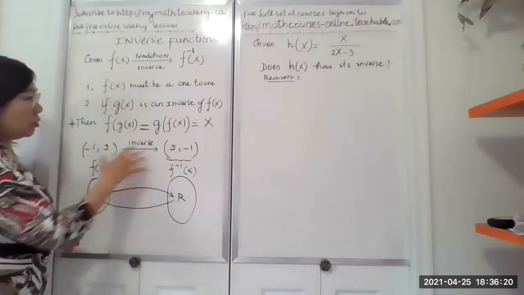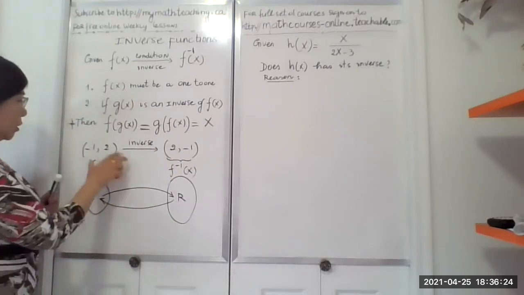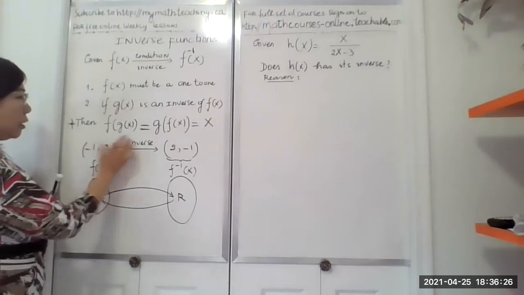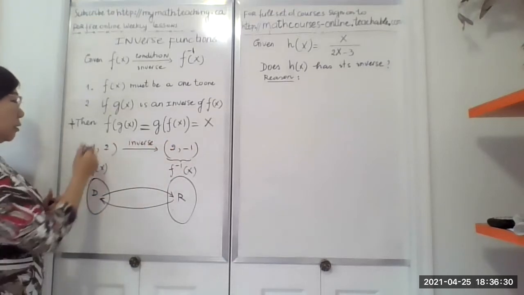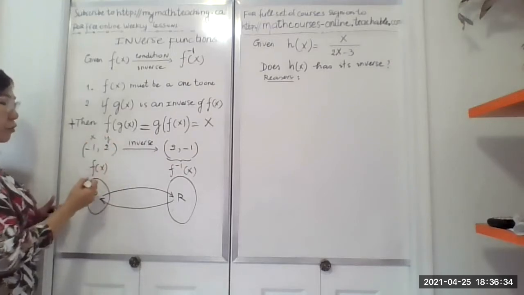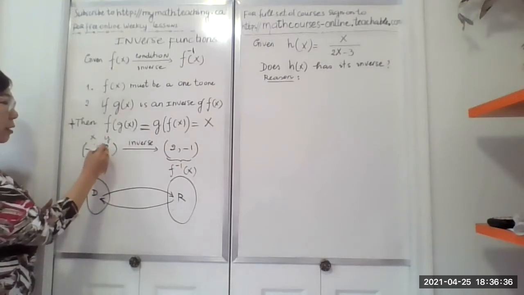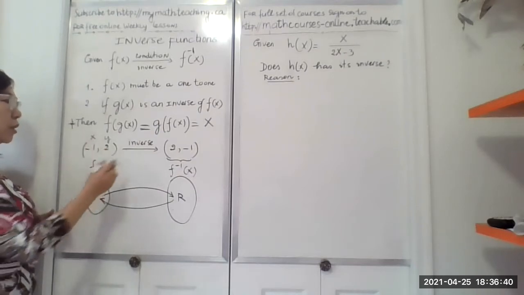Another way of identifying the inverse function, I wrote it here. Look at the coordinates. Let's say we have an x and y coordinate of any function, (-1, 2). So x is -1 and y is 2.